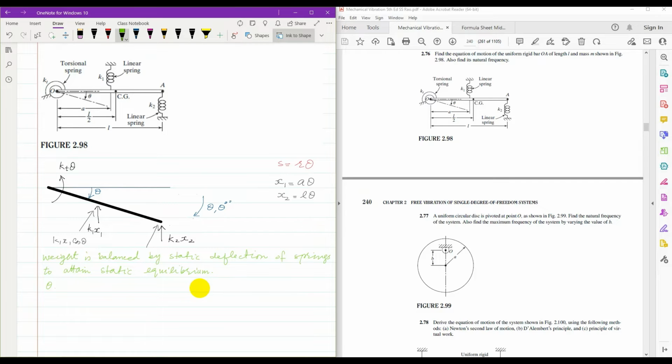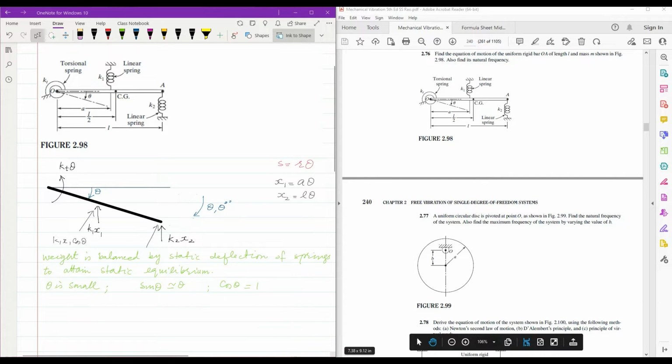As theta is small, sine theta is nearly equal to theta, and cosine theta is equal to 1.